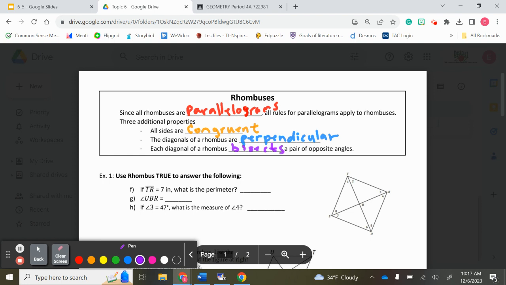The one that is actually missing from your foldable is the opposite angle one. If you want to add that, feel free. Each diagonal of a rhombus bisects a pair of opposite angles. So what they're saying here is that angles 3 and 4 would be congruent, and 8 and 7 would be congruent. That's the one you probably want to add.